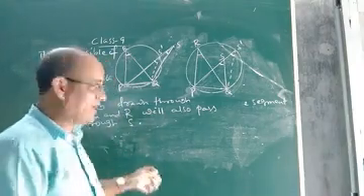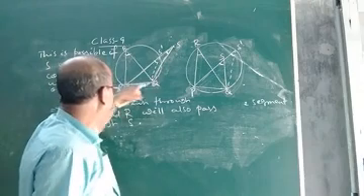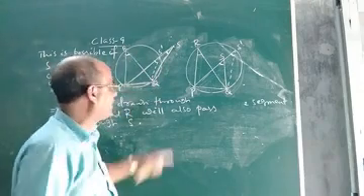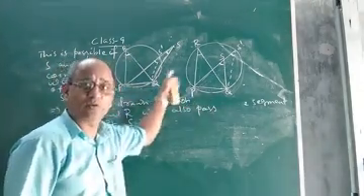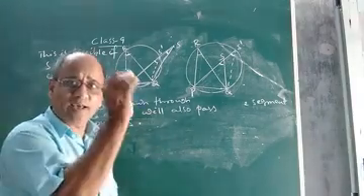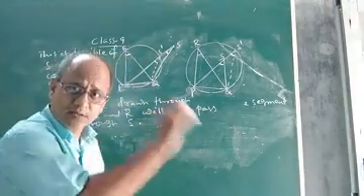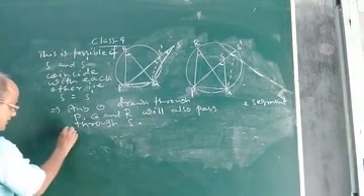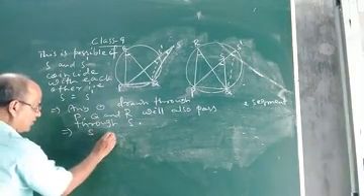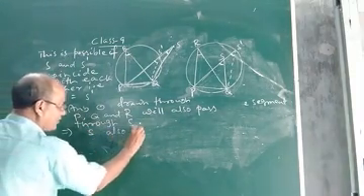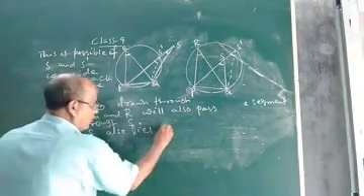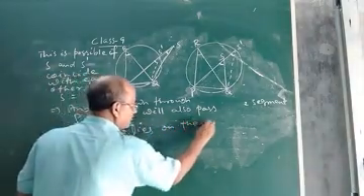Then if you draw a circle through the three non-collinear points P, Q and R in both the cases, it will also pass through S. That means S will also lie on the circle.